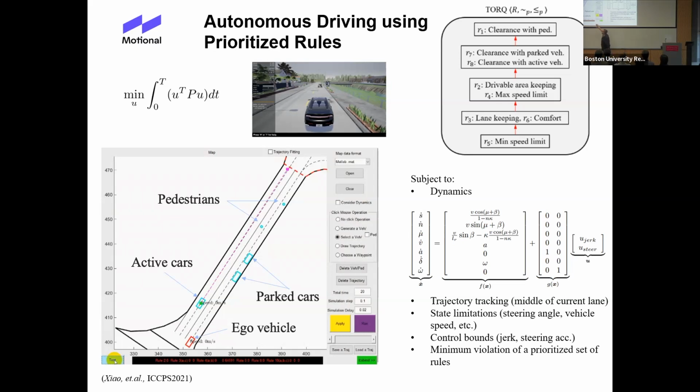So think again of autonomous vehicles with quite complicated dynamics, and you want to be able to deploy them such that you minimize spent energy, like fuel consumption, while at the same time satisfying a set of rules. At least on my side, I was involved with a company called Motional here, which is a $4 billion joint venture with Hyundai.